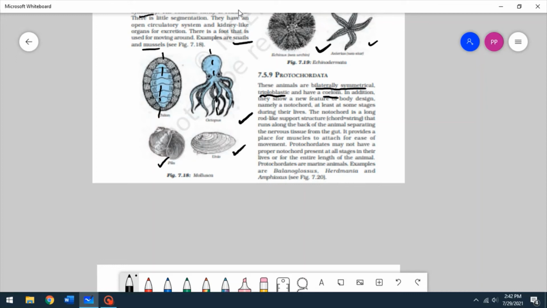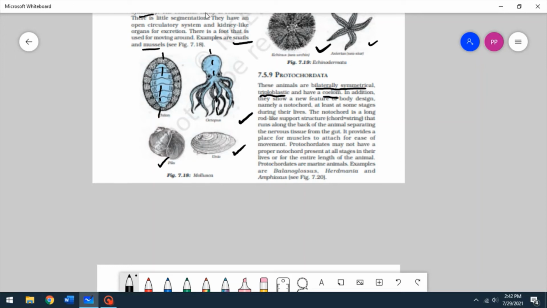Alright, notochord means a rod-like support structure. Notochord, so you can only think of it as a spinal cord, because a spinal cord is a kind of notochord. But if it helps you remember, because of the cord, a notochord is a rod-like support structure that runs along the back of the animal, that separates the nervous tissue from the gut.